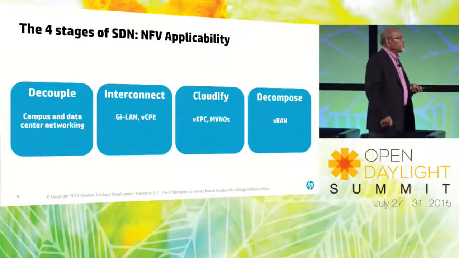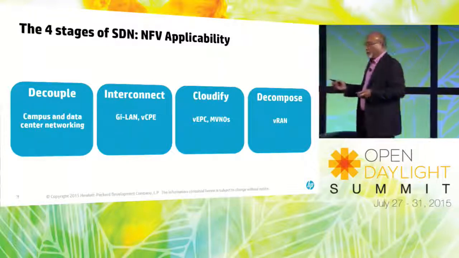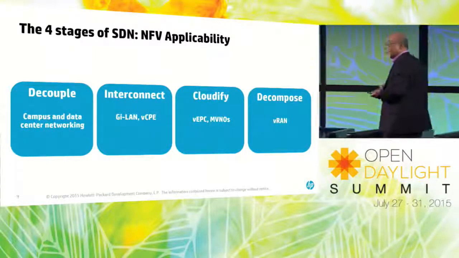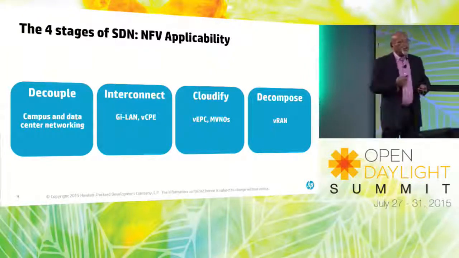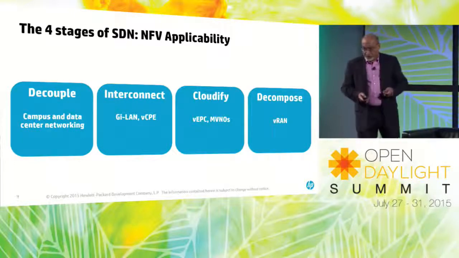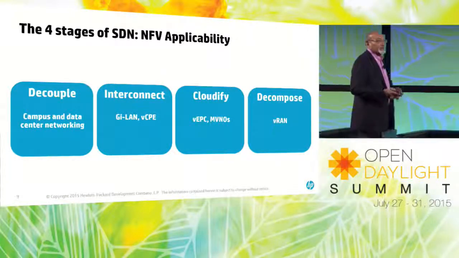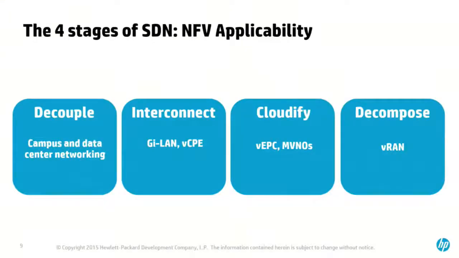So when you look at these 4 stages and you think of the applicability to NFV, the first phase of decoupling is interesting, but not really very useful to NFV. Once you start to get to the interconnect phase, now you can do some interesting things. You can do use cases like the mobility GI LAN kind of functions.